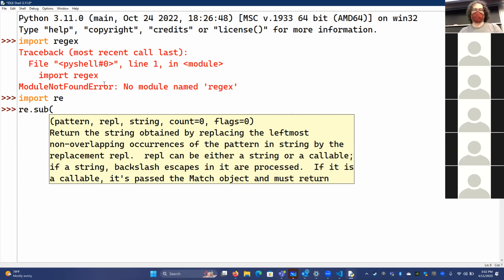So for instance, if I want to replace any digit I see with, let's say, the letter X instead, in some target string.